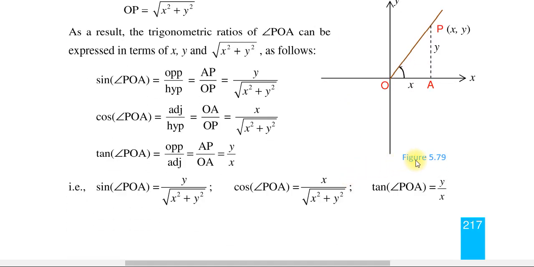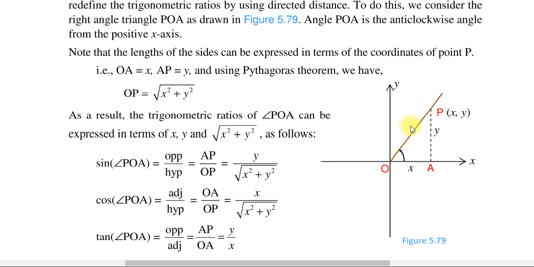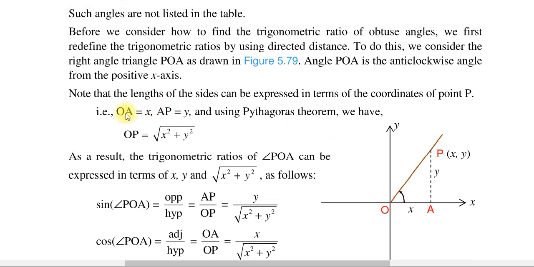OA is x and PA is y. Using the Pythagorean theorem we have OP equal to under radical x square plus y square. As a result the trigonometric ratio of angle POA can be expressed in terms of x, y and root x square plus y square as follows.